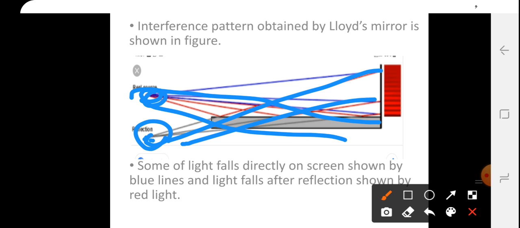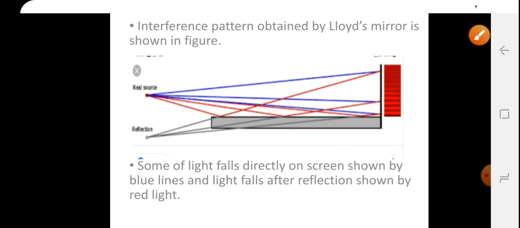These two sources have the same frequency and same phase, therefore they are called coherent sources. The red and blue lines are light from the same monochromatic source having a single wavelength. This is the second method of obtaining coherent sources.